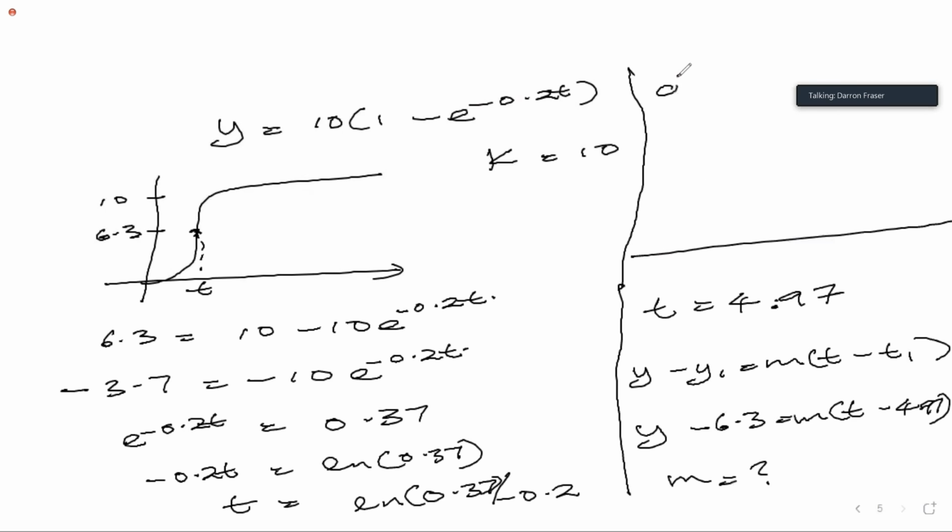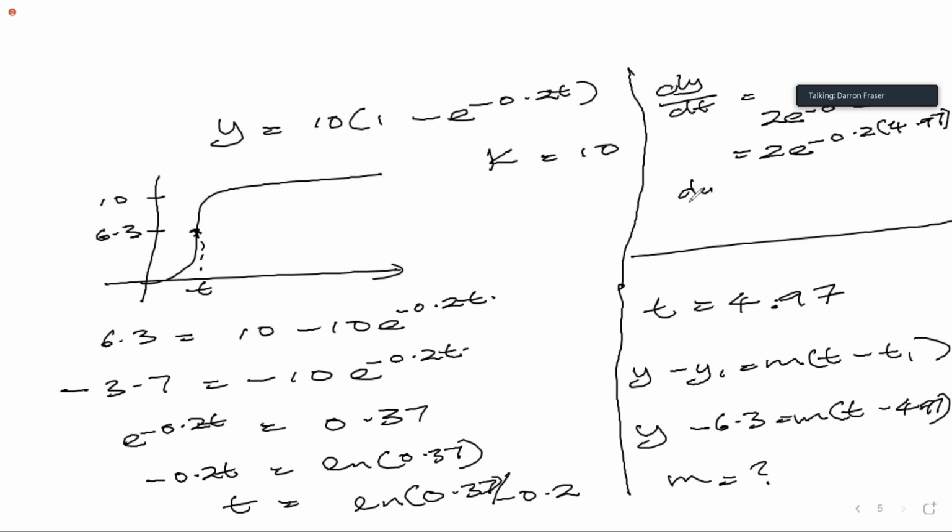So dy by dt is going to equal 2 e to the minus 0.2 t. So it's equal to 2 e to the minus 0.2 times, where we say t is 4.97.